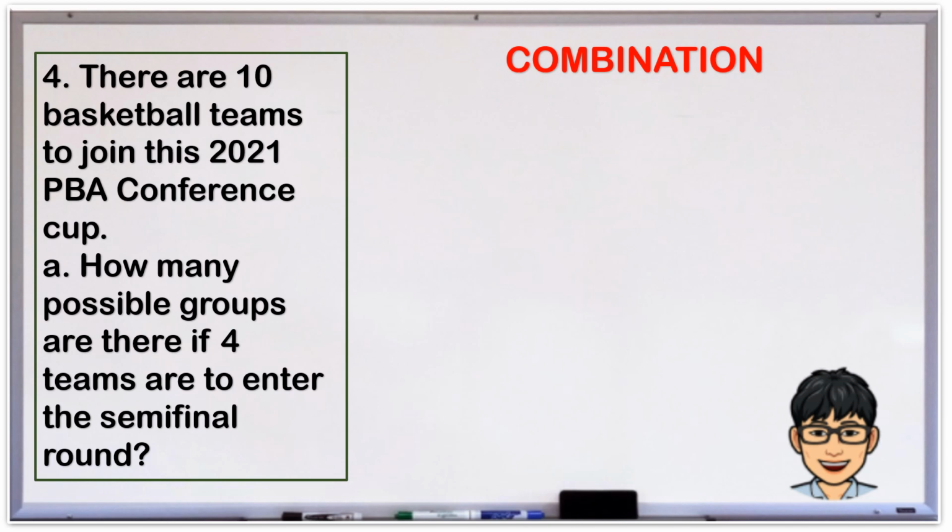In this problem, dahil meron tayong 10 basketball teams na sumali, our N is equal to 10. At dahil 4 lang ang papasok sa semifinal round, our R is equal to 4.